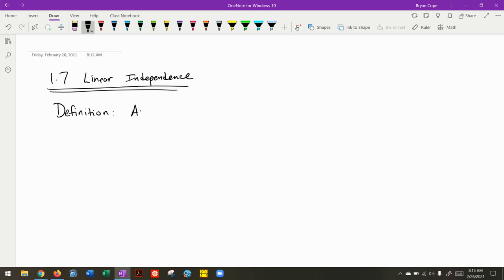All right, so an indexed set of vectors v1 to vp in Rn. So let's take stock of what that means so far. Indexed just means that we can list them like the first vector, second vector, third vector.